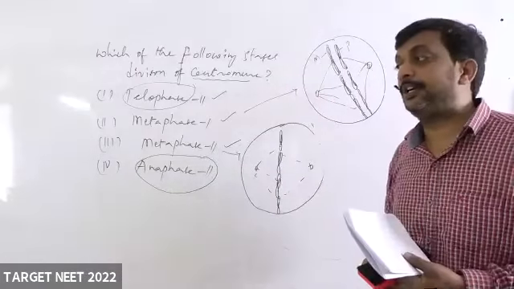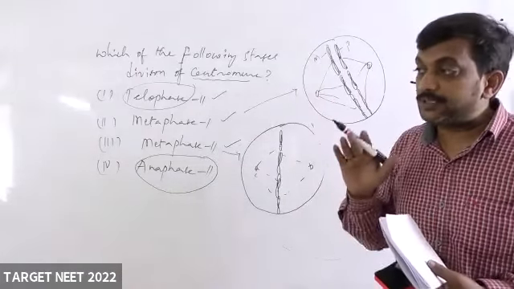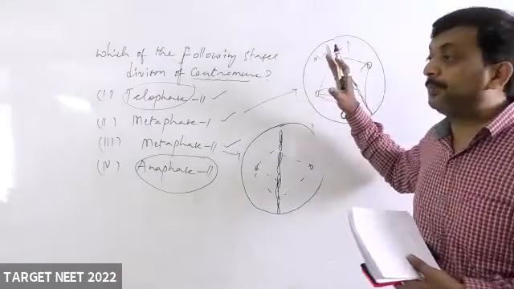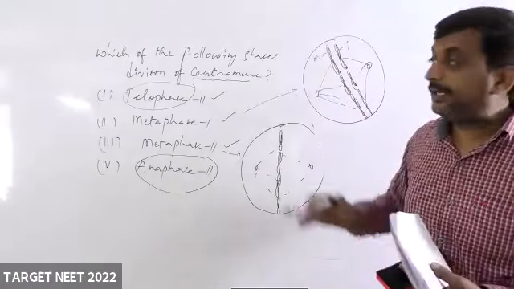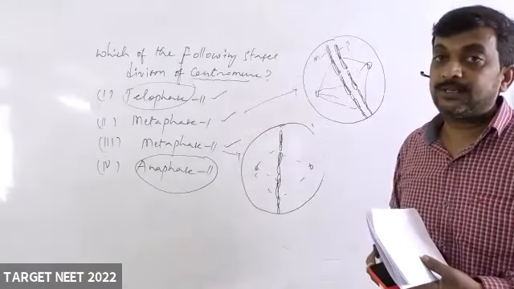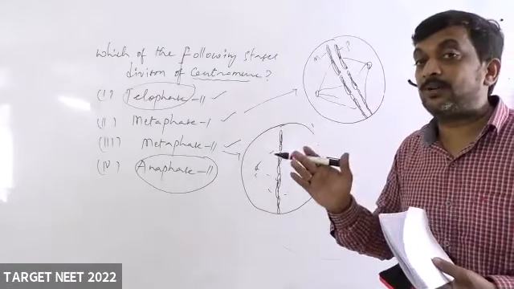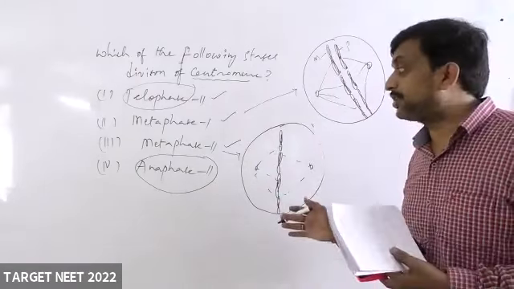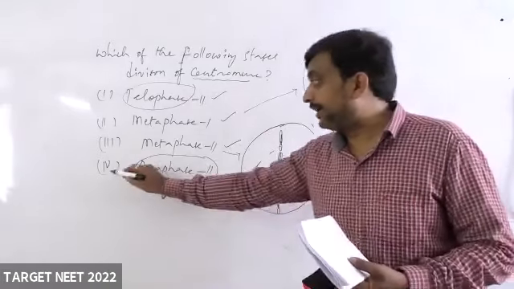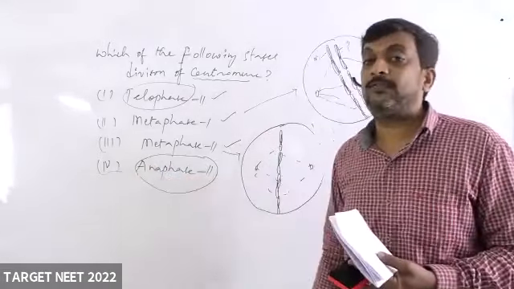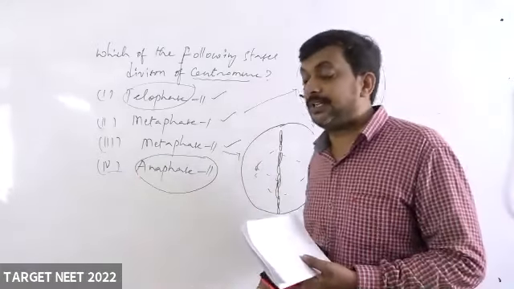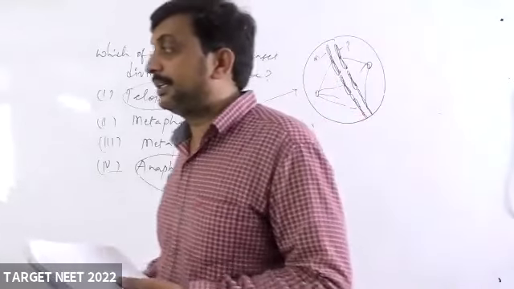In anaphase 1 of meiosis 1, the homologous chromosomes separate from each other and move to their respective poles, but in anaphase 2, the division of the centromere takes place. So your answer should be the fourth one, anaphase 2. This is the correct one.